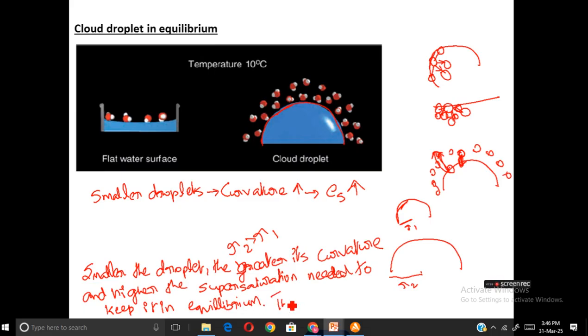This is known as the curvature effect. So the chance of survival of smaller droplets will be very low. Only once the size of the droplet is large enough are the chances of survival more. The smaller the droplet, the less chance it has to survive. For that droplet to survive, a very large level of supersaturation is required.